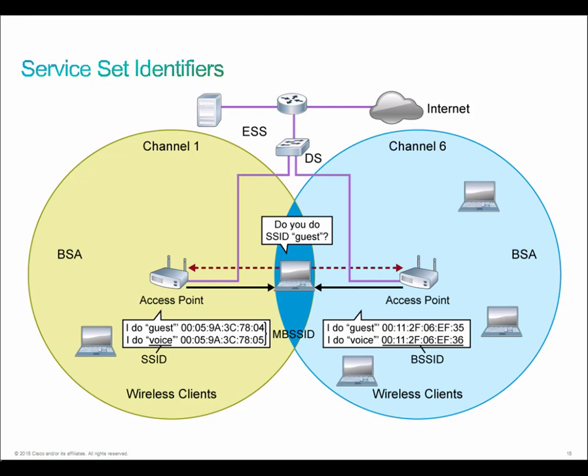A hidden network is not undetectable, right? You can still identify that these networks exist because there is a physical layer transmission that's occurring. So you can use a spectrum analyzer or some other types of tools to identify that the network exists. But you can also further obfuscate or hide your network by not advertising your SSID if you choose.